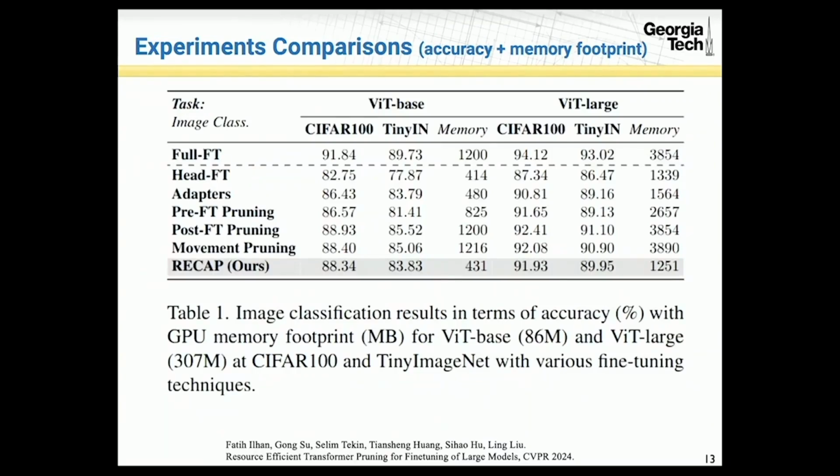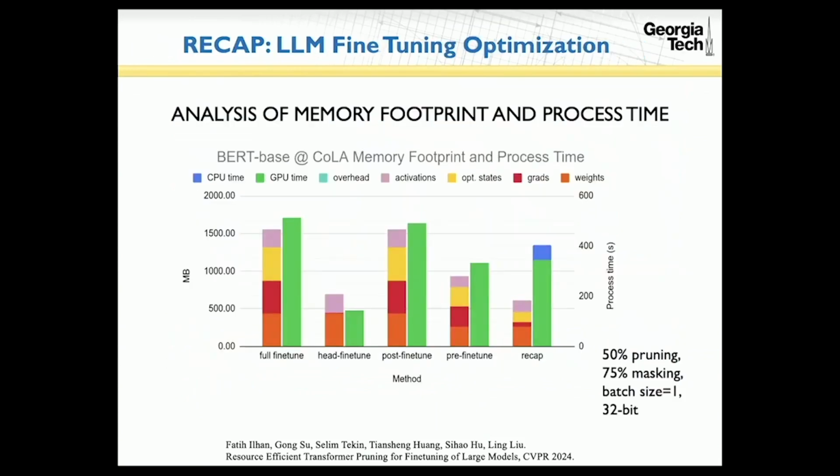Compared with the movement pruning-based approach, similarly, we are using much less GPU memory. And if you look at the breakdown of the CPU usage, and also the different deep neural network parameter phases in terms of weight, gradients, optimization states, activation, you can see the overhead also shows that our approach uses more CPU compared to the other approach.